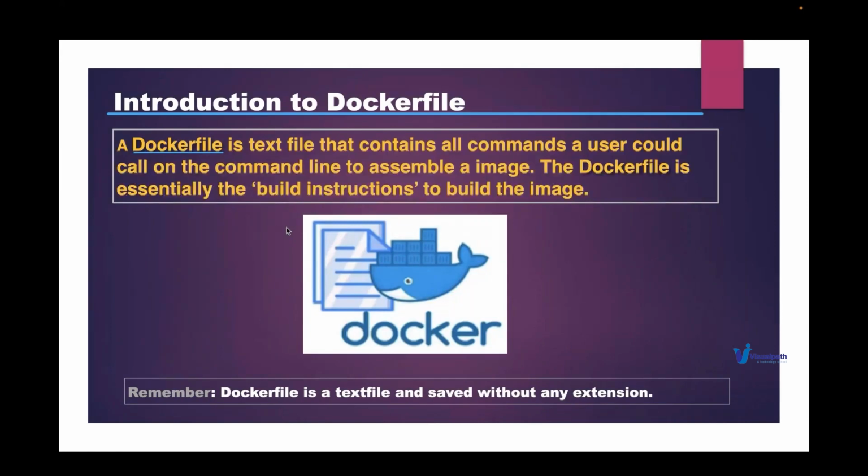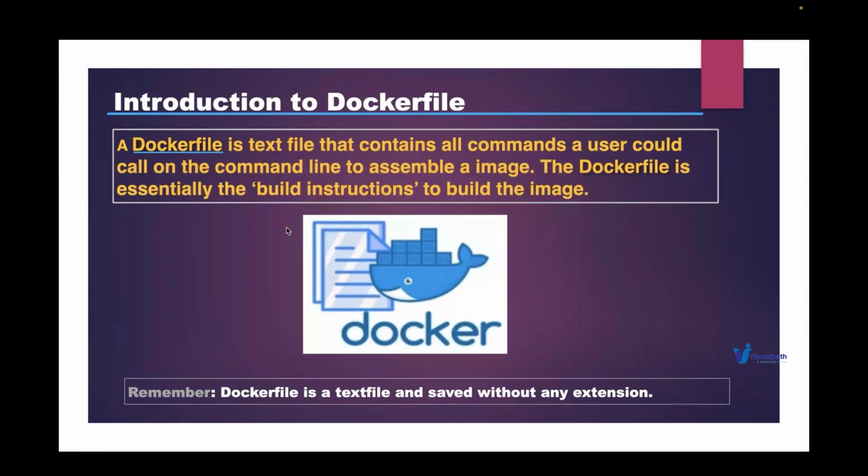We will put all the instructions, no coding, no programming, and it will build the image based on my instructions. There are some rules on how we put the instructions, which I'll talk about in the next slide. If you remember those rules, you can start writing your own Dockerfile, and once you run it, you can build your own image. All right, so let's get started.